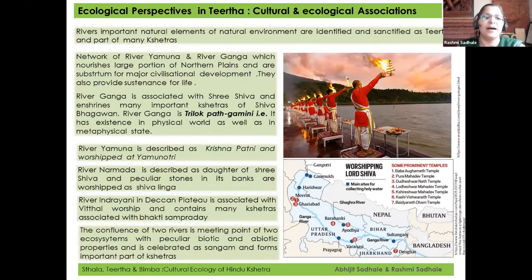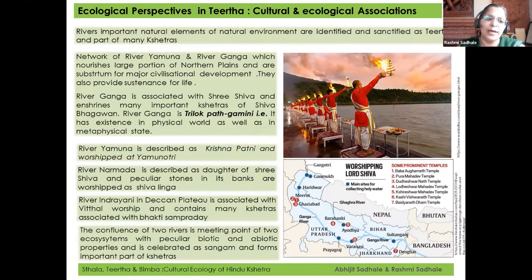Rivers in India are not only looked upon in their physical state, but they are valued in metaphysical senses too. This is especially so with the river Ganga, who is known as Triloka Pathagamini, as she exists in Swarga, Bhutala, and Patala. Similar importance is given to the rivers Saraswati, Yamuna, Narmada, Godavari, Kaveri, and Indrayani.